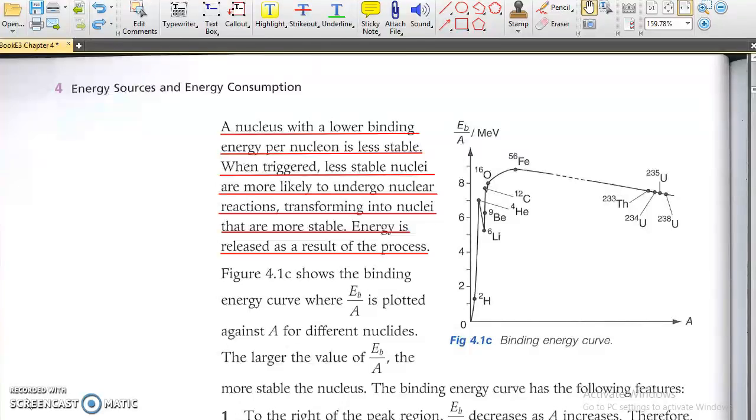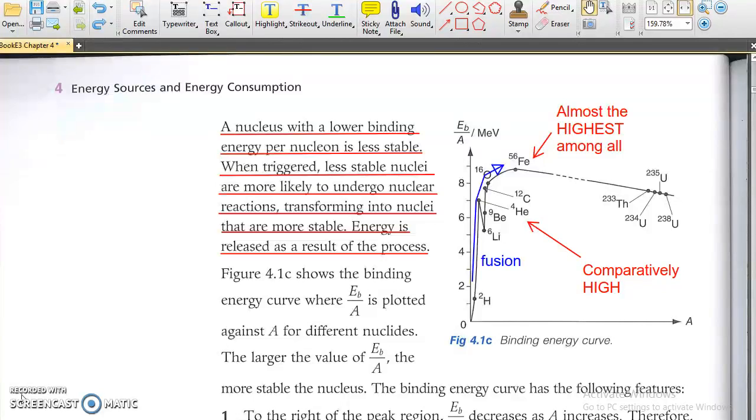On page 118, you can see that helium nucleus is exceptionally stable, and iron is almost the most stable nucleus among all. In other words, small nuclei would like to fuse together to form medium-sized nuclei like iron to become more stable. Large nuclei would also like to disintegrate into medium-sized nuclei like iron to become more stable too.